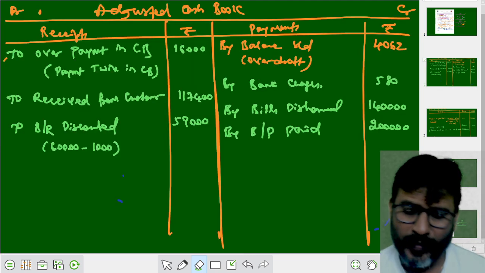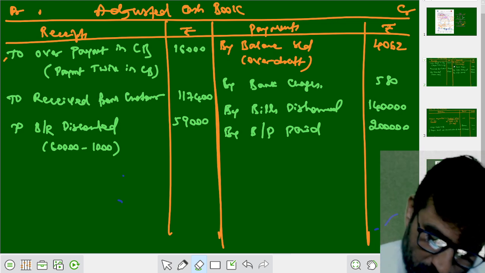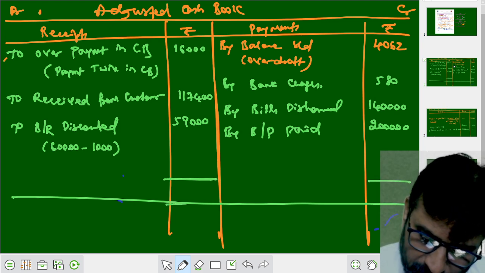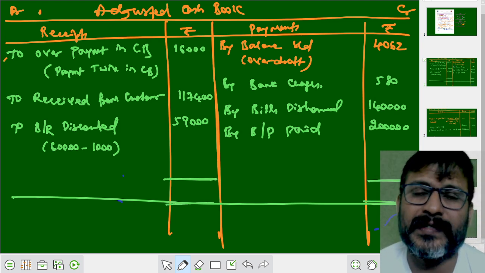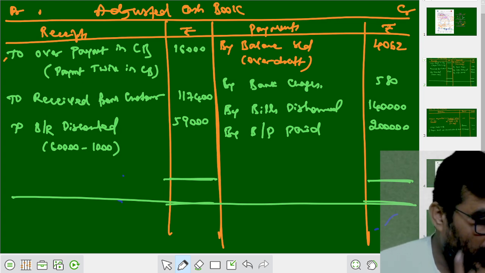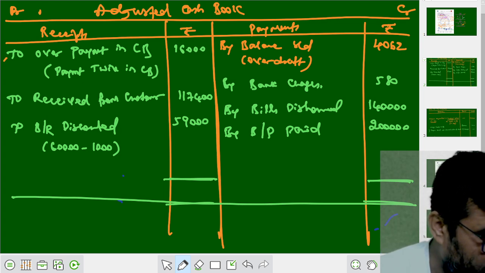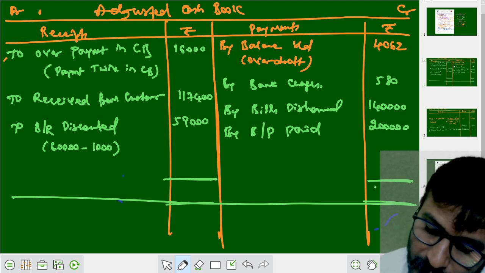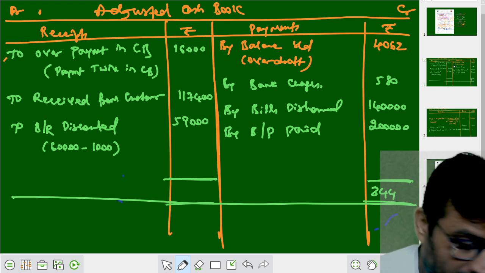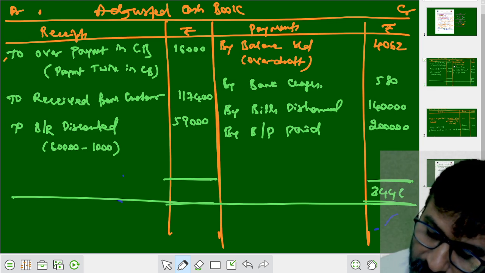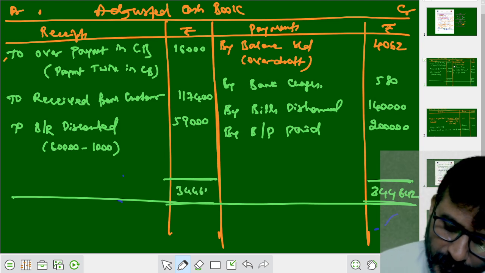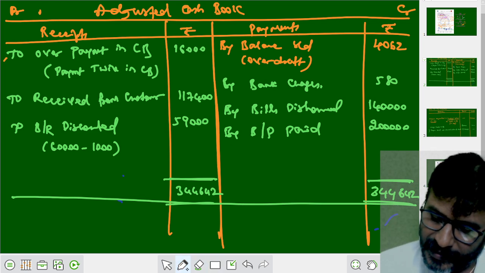Fine. Now what do we have to do? We have to close first the adjusted cash book. Take the calculator and work out the total. The total on the credit side is more, it seems. 3,44,642 if you add all. The debit side is less.